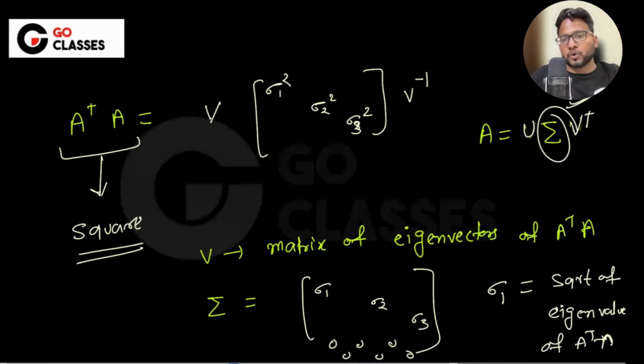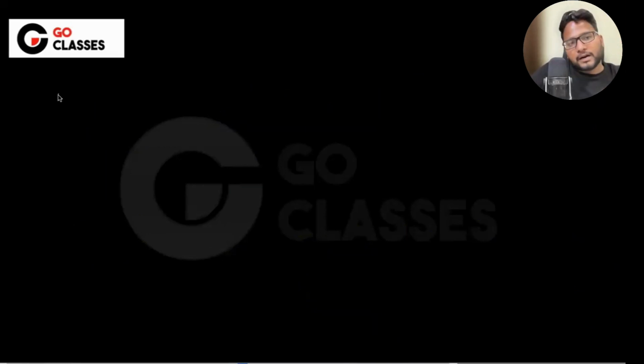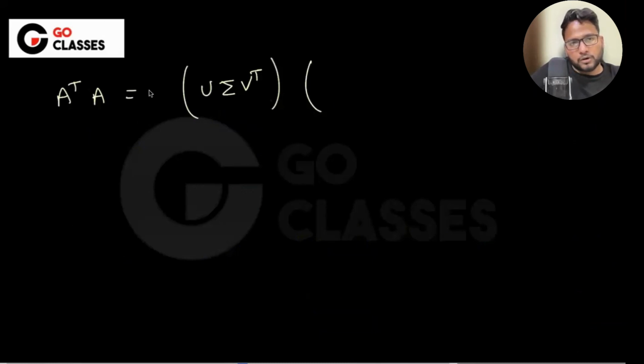How to find out this U? This is still pending. So we have calculated A transpose A, which was U sigma V transpose, this whole transpose, into U sigma V transpose, right? This is what we have done.